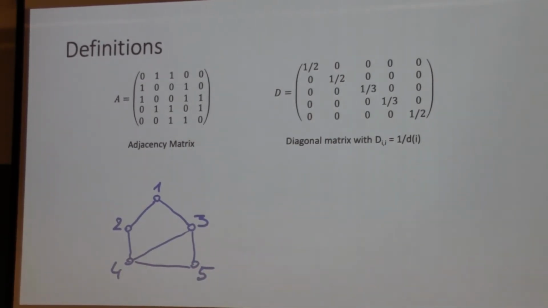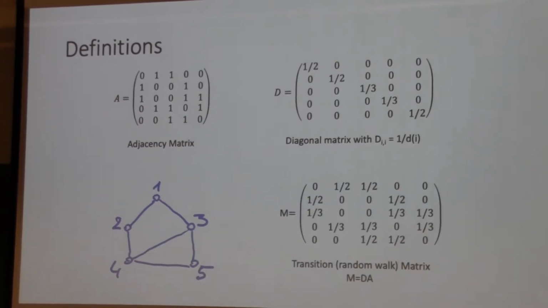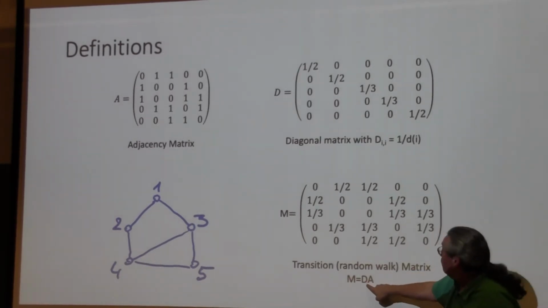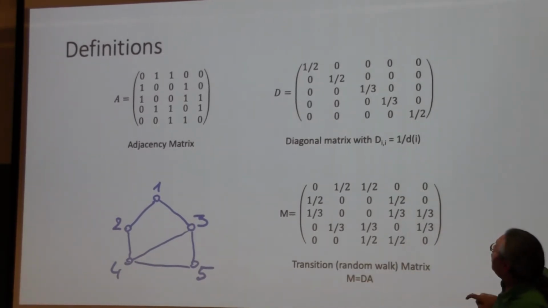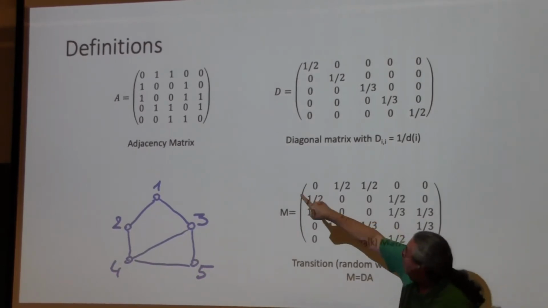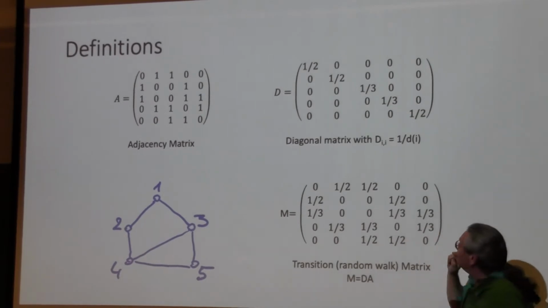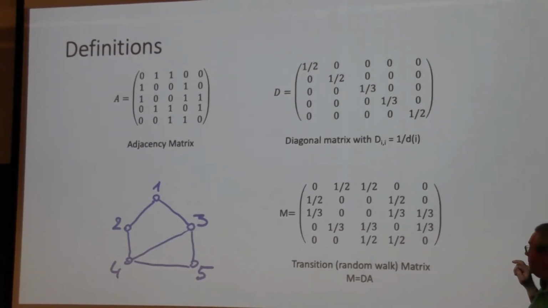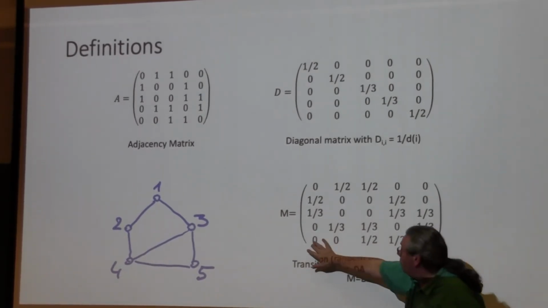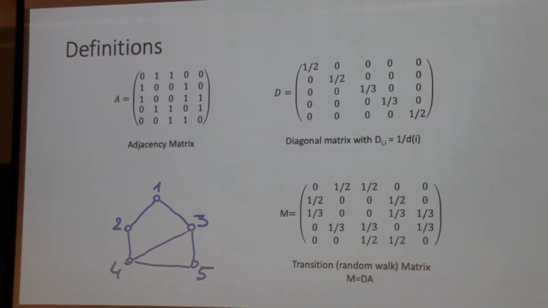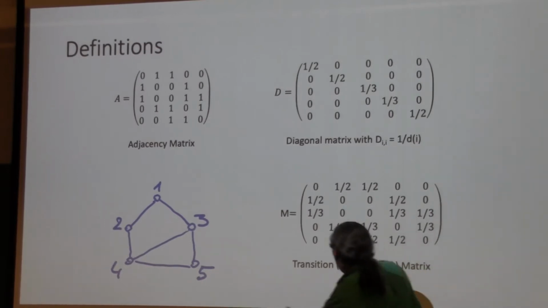And now we're going to start doing matrix operations. If you multiply D by A, basically each of the 1s is going to turn into a fraction. And actually it's a probability. So this matrix M is called the transition matrix. And this gives us the probabilities.